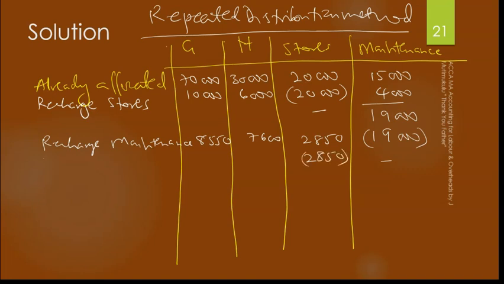Okay, we then have to remove this, because by the end of the day we have to remove this cost from the service centers. So we have got 2,850. We have to remove this one, and we must be left with a 0. So how do we apportion the 2,850? We just follow the same principle.